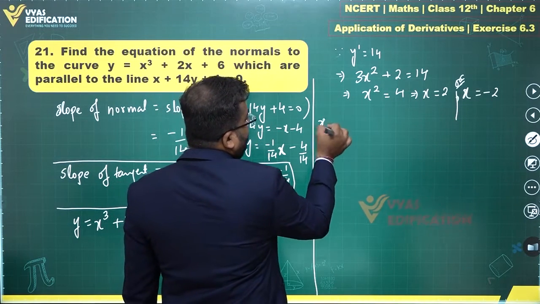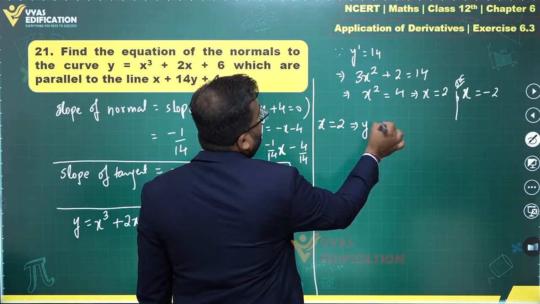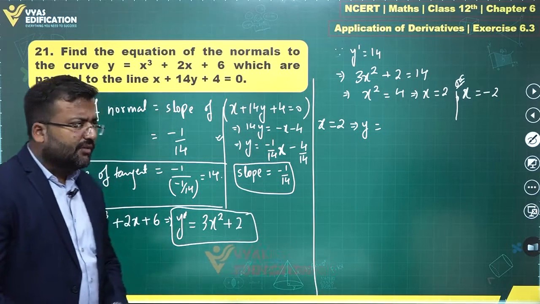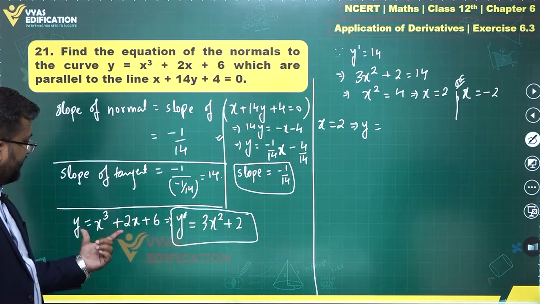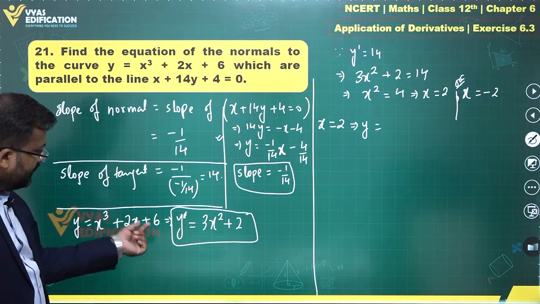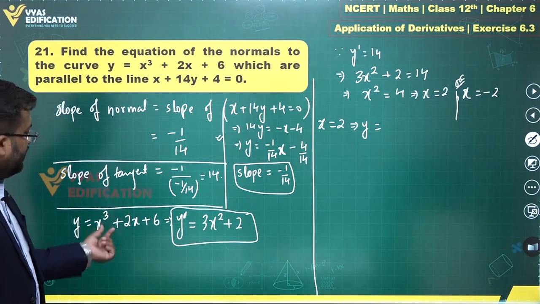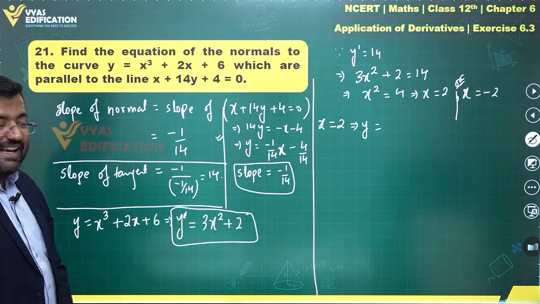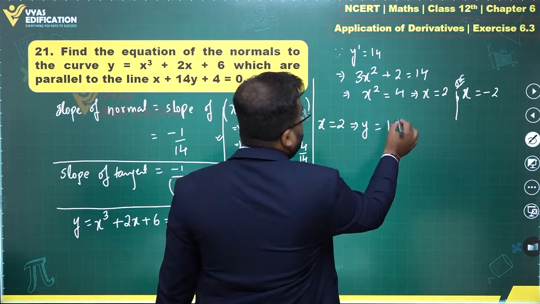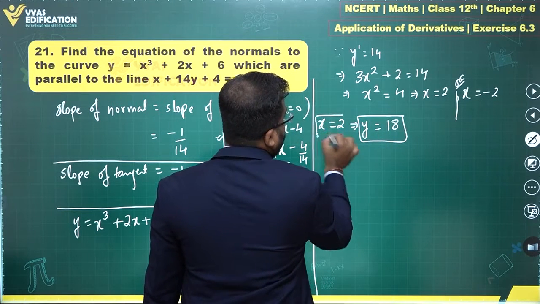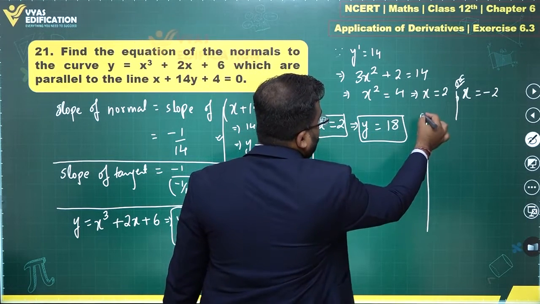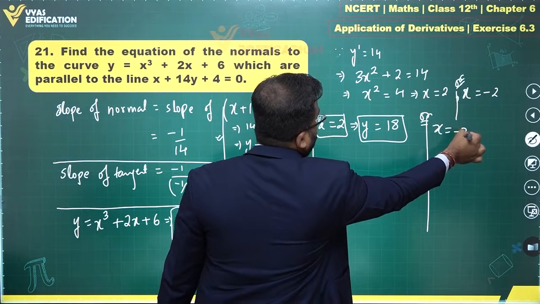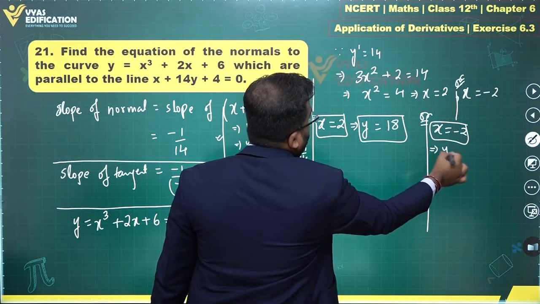x equal 2 implies what? y equals what? The point x equal to 2 will tell me that y will be equal to 2 power 3 plus 2 into 2 plus 6. That's what you'll get. 2 power 3 is 8 plus 4 is 12 plus 6 is 18. This tells me that y equals 18. Or the other point is x equals minus 2, which implies y equals what?